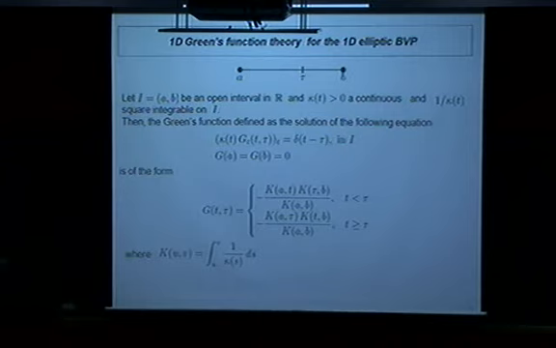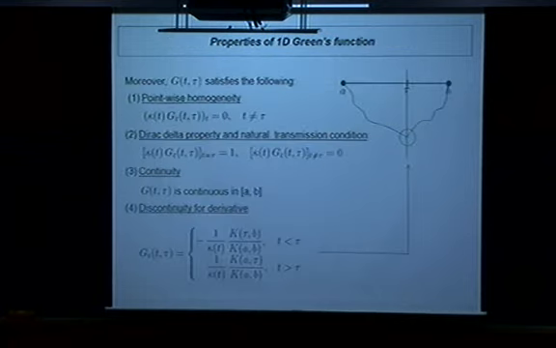Here, k is a function of the integral of the reciprocal of kappa. This can be found in some textbooks. The 1D Green function has properties like this form in general.